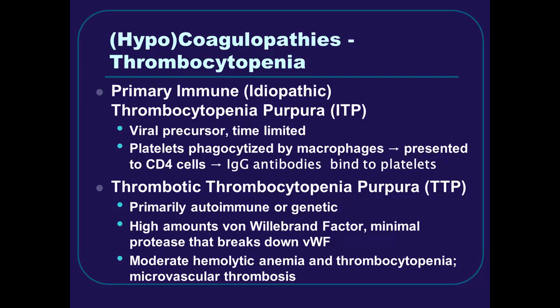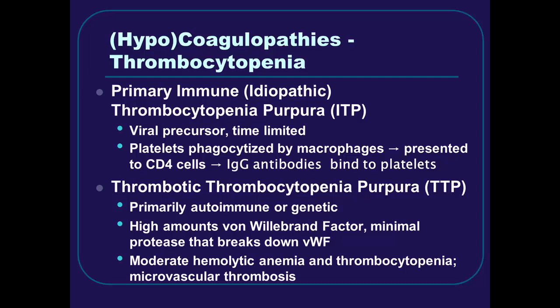So as a result, you think about this as a peripheral disorder, not a central pathology. What that means is when we think about a central pathology, you're thinking about production. This is about function. If we were thinking about production, or a central pathology, I'd be thinking about bone marrow function. Bone marrow is making platelets, but because of the antibody binding to the surface of those platelets, they cannot function.